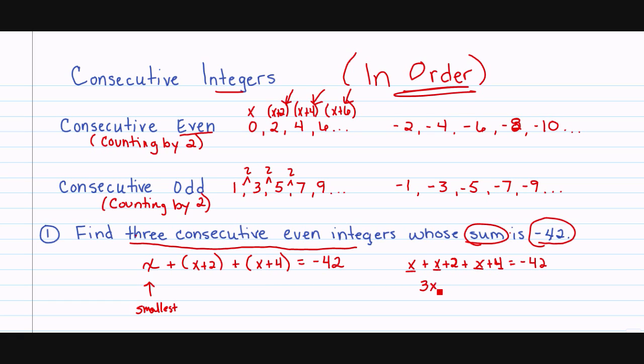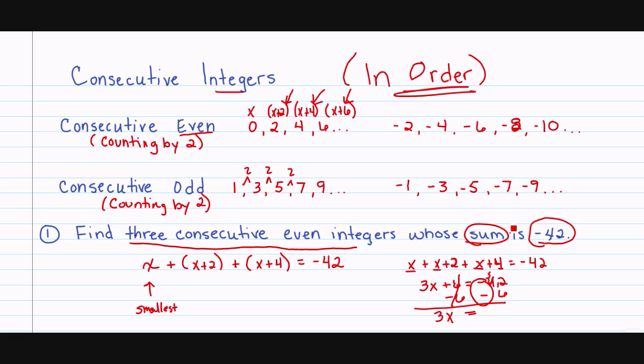So I have 3 x's, and then 2 plus 4 is plus 6 equals negative 42. I subtract my 6 because I want to get my x all by itself.